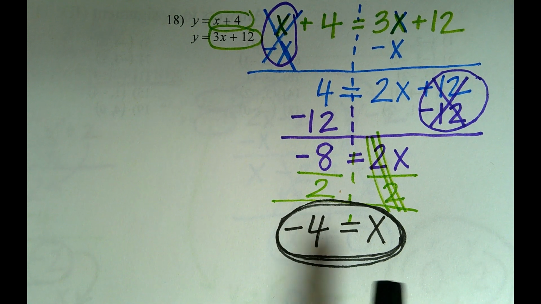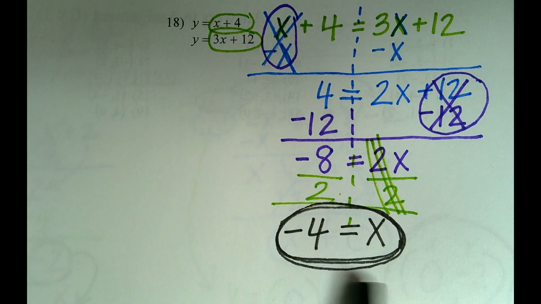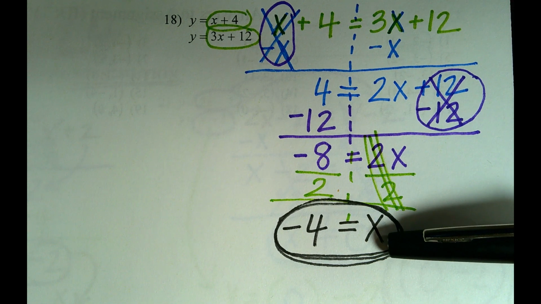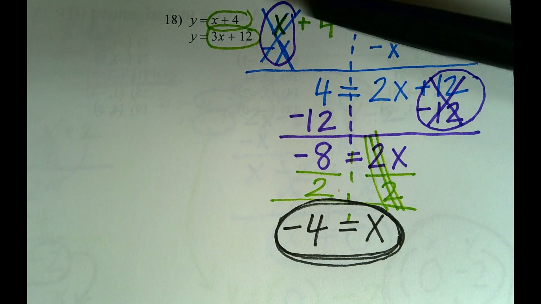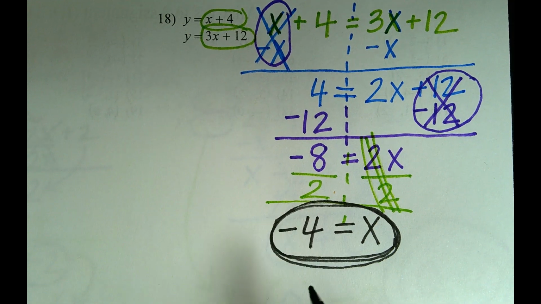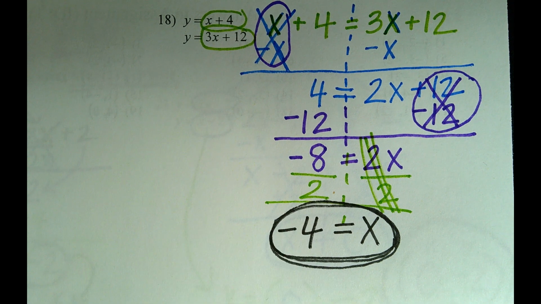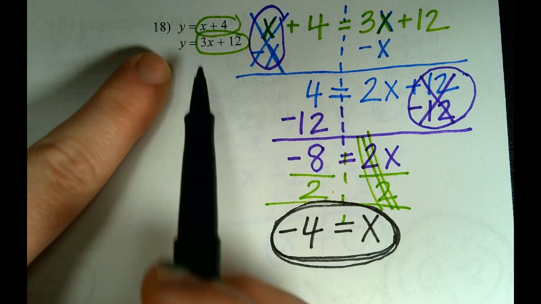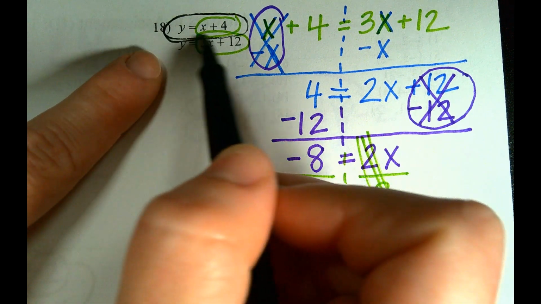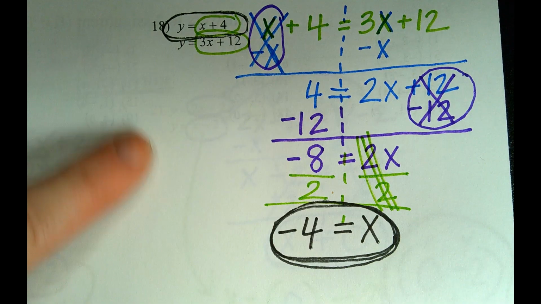So once we've solved for x, which we have done here, we're not done yet. We need to also solve for y. How do I solve for y next? I'm going to use one of these equations, and I'm going to use the top one because it has less numbers to mess with.